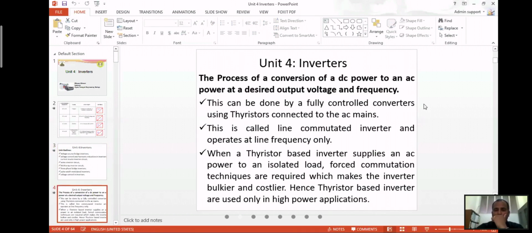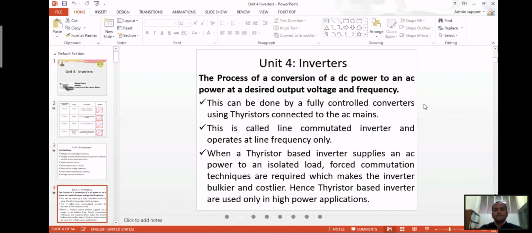Now, inverters. You might have come across this term in so many places, maybe in previous modules. Inverter is the process of converting DC power to AC power at a desired output voltage and frequency. The line frequency is, let's say, 50 hertz.